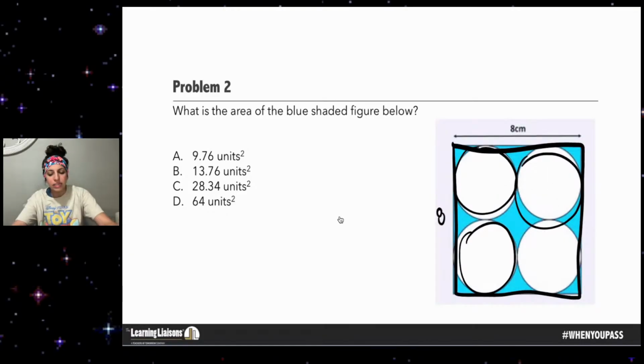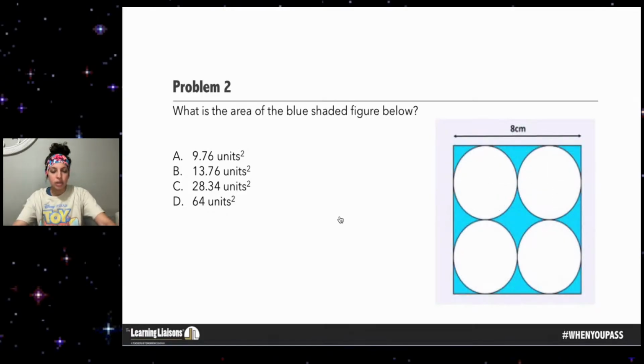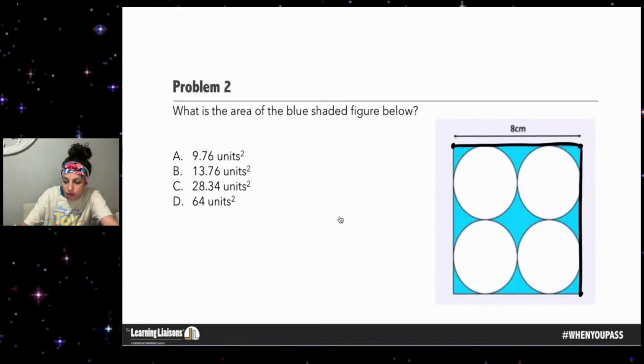And it would tell you some of that information. I did not include that, but it would say, what is the area of the blue shaded figure below with 4 circles inscribed inside of that figure or something. And so then I would know that I have 4 circles. And I know that the distance from one corner to the other is 8. So I know that this distance right here is also going to be 8, right?